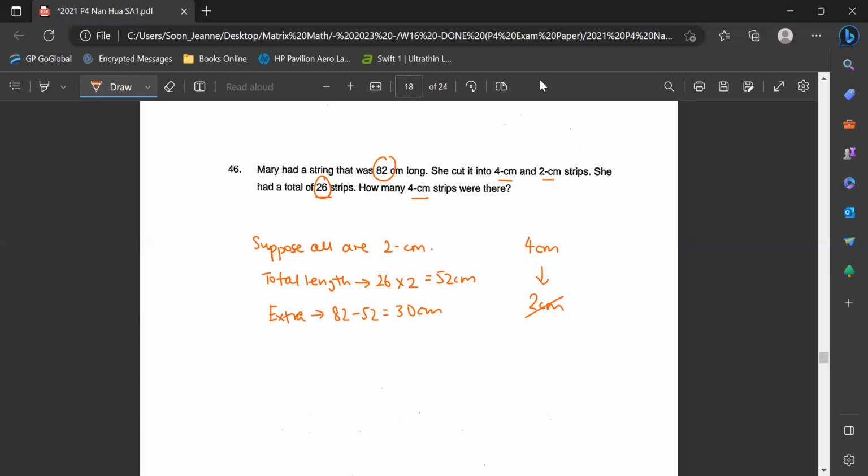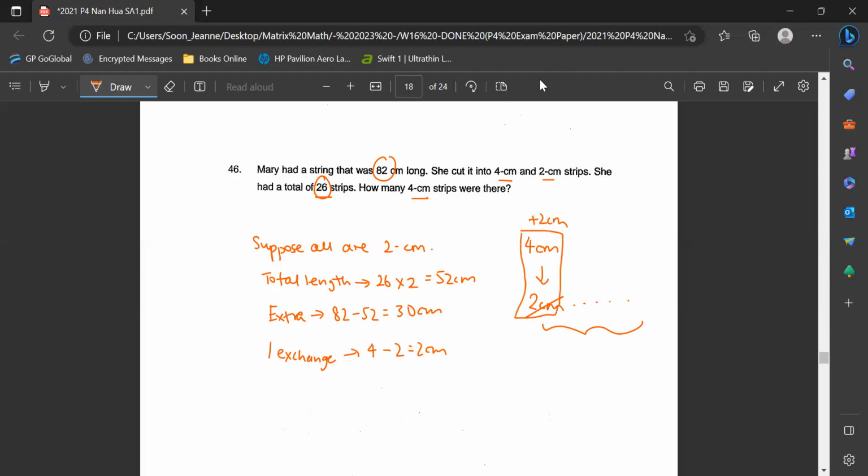So if you look at this, one exchange, you can see that I'm exchanging for the greater group. This 4 cm is one exchange. It's an additional 2 cm in the length because 4 minus 2 is 2 cm. So this is plus 2 cm for one exchange.